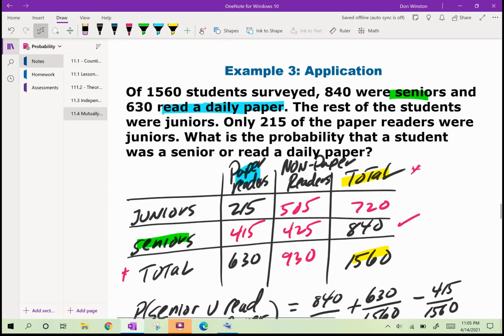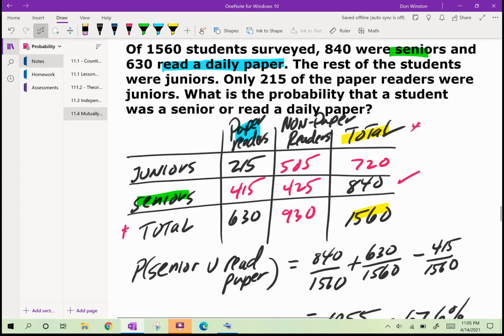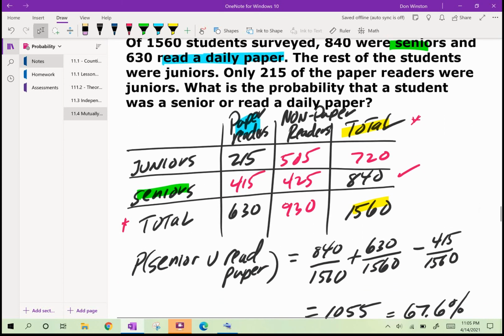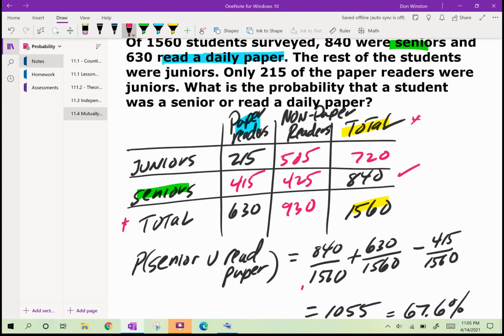So now, what's the probability that a student was a senior or read a daily paper? I can look at the table and answer that. I had 840 seniors out of 1,560, and then 630 daily paper readers out of 1,560. But this right here is what's common.